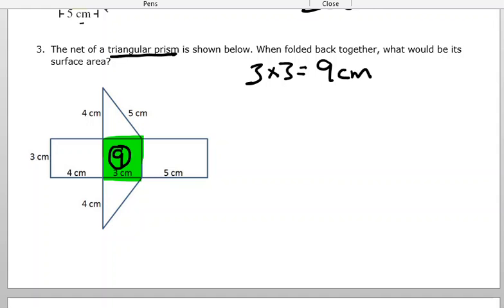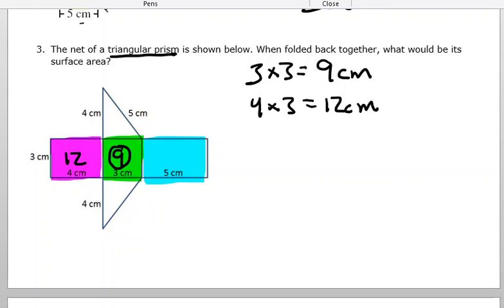And then I have this section over here, and that's 4 centimeters by 3 centimeters, which is going to give me 12 centimeters. I have this blue section here, and that's 5 centimeters by 3 centimeters, and that's going to give me 15.